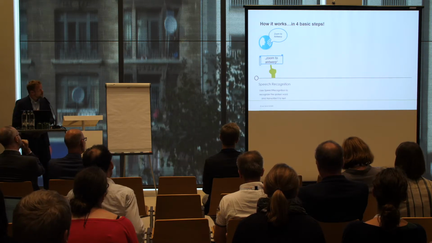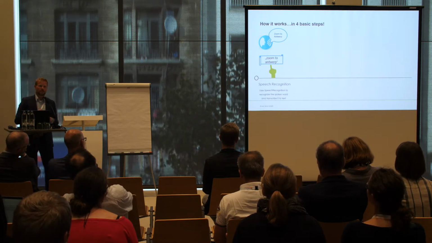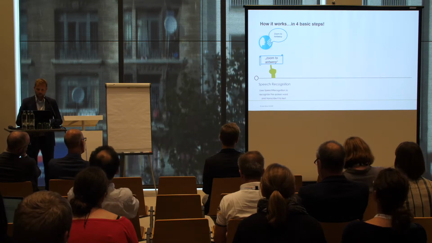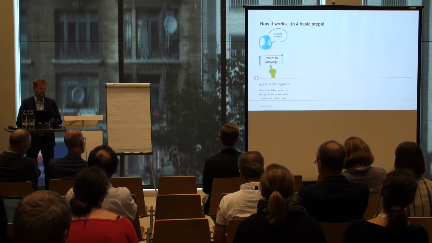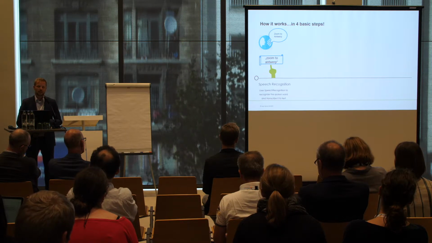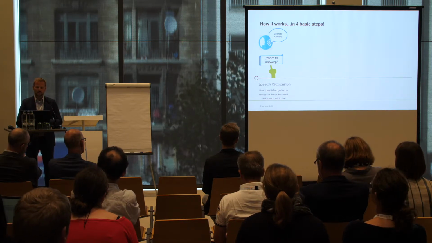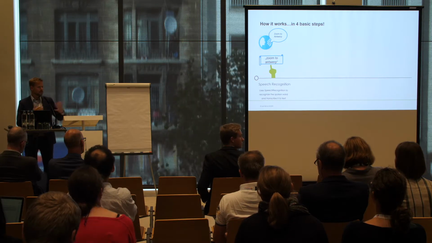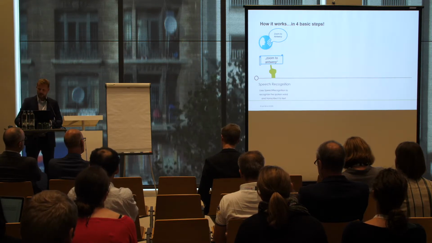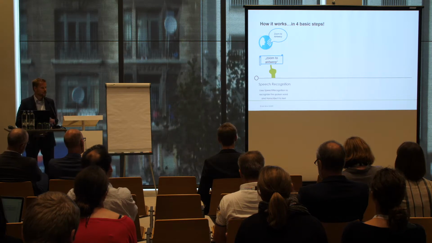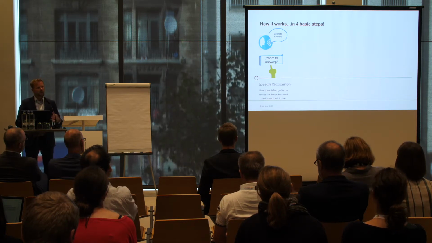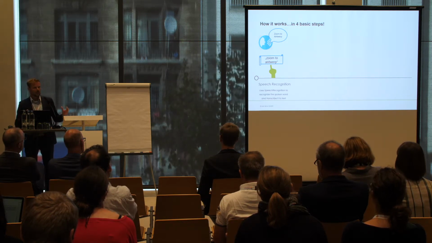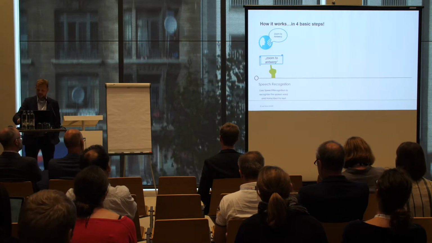So I will show you how it works in four basic steps. First of all, we use the browser's web speech API for the speech recognition. This is that the spoken word is transcribed into text, and someone says zoom to Antwerp to the application, and then we have the transcription zoom to Antwerp as a text input.